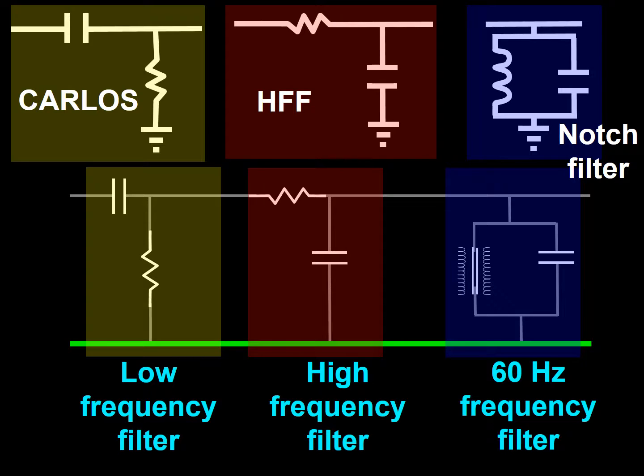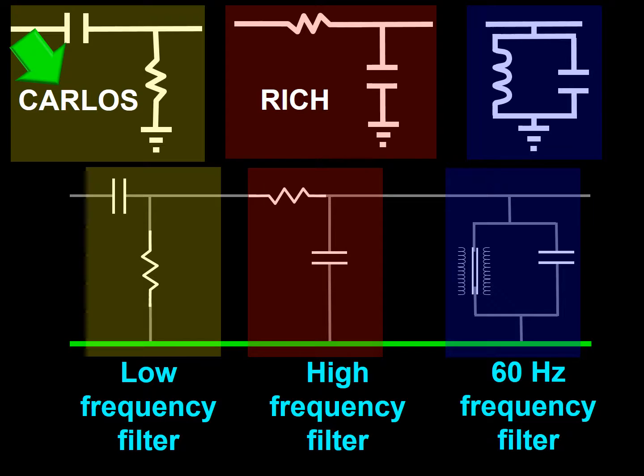The first name, Carlos, for low frequency filters, notice that Carlos has an L, which stands for low frequency filter. And the last name of my friend Rich for high frequency filters. Notice that Rich has an H for high frequency filter.